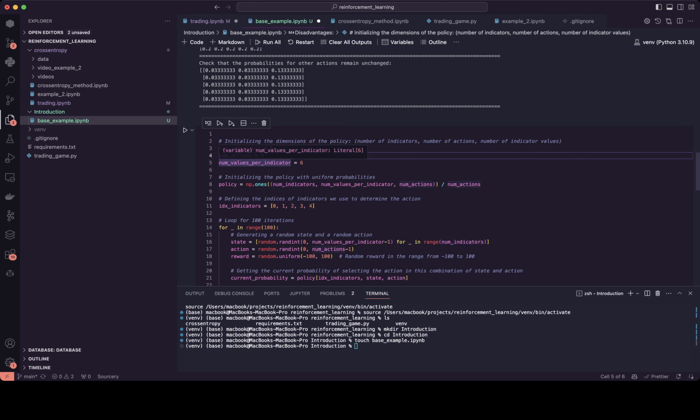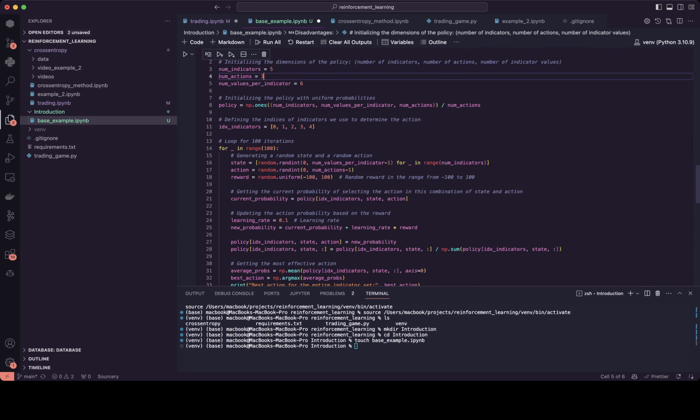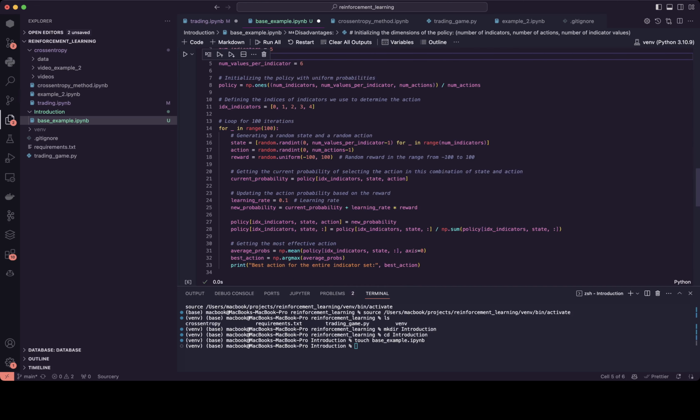Next, inside these 100 indicators, each indicator could have, for example, 10 or 20 or 100 values. It depends on the metrics, but as a very simple example, I just create 6 categorical values, and then the number of actions, so a 3D shape. And it means we update our policy every time without any neural network.